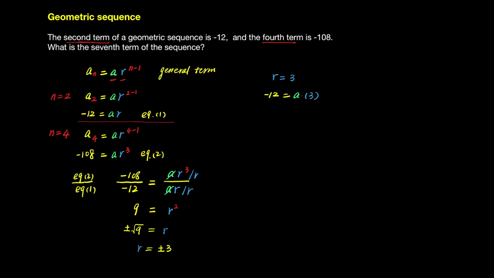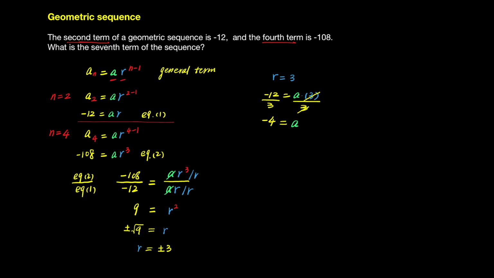We can divide both sides by 3. Negative 12 divided by 3 is negative 4. On the right side, only a is left because 3 divided by 3 is 1. So we get a equals negative 4.